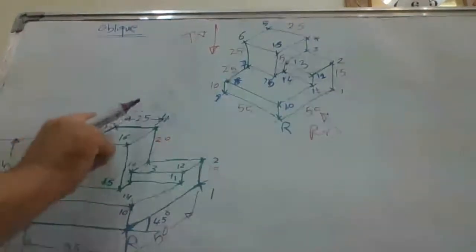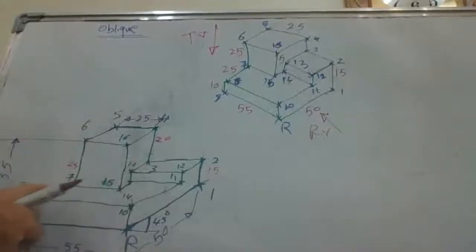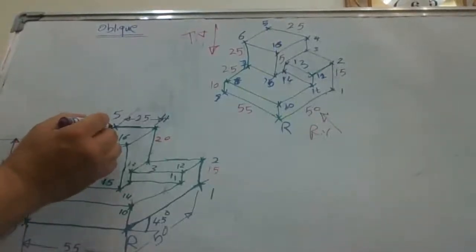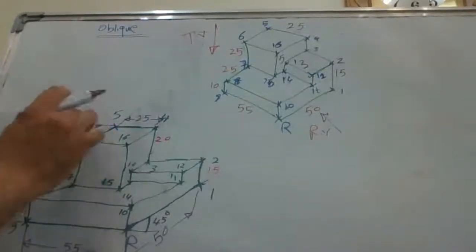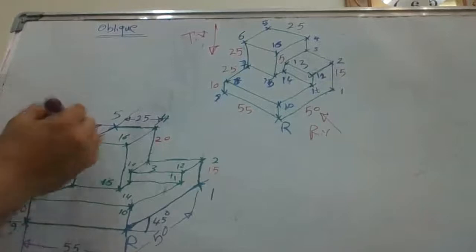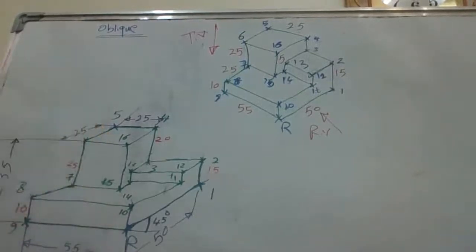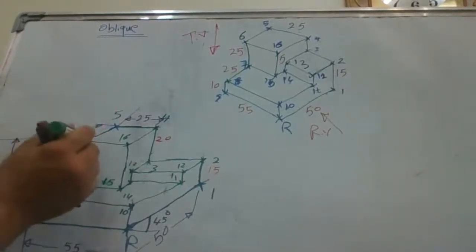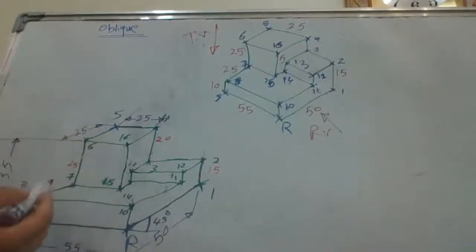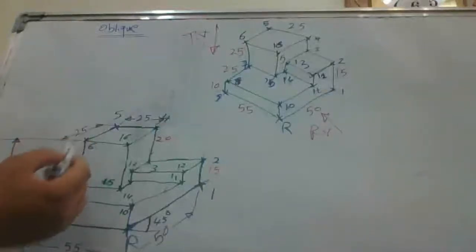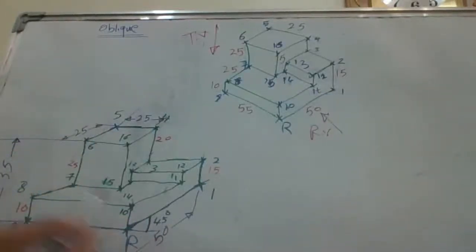Also for 25 here and 25 here, if we choose any of them, we can put 25. This is point number 6. If we put 25 here, that means from 7 to 8 is the same, the rest of the length. 25 plus 25, that means the total is 50. There is no need to put 25.